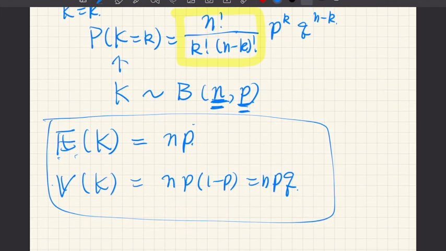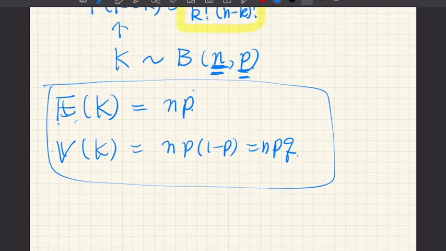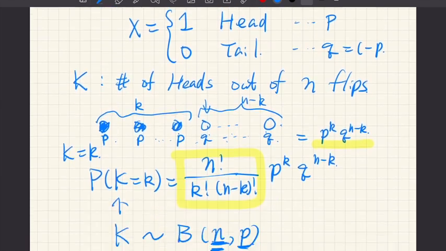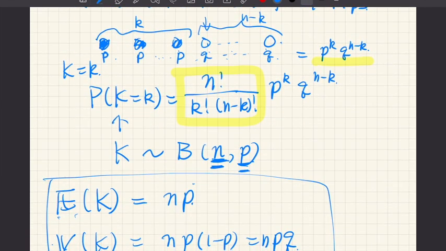But when we studied the probability generating function, we showed that if one random variable is a sum of independent random variables, its probability generating function is a product of the probability generating functions of all those random variables that comprise the sum.